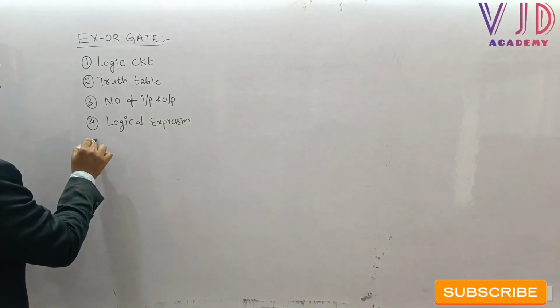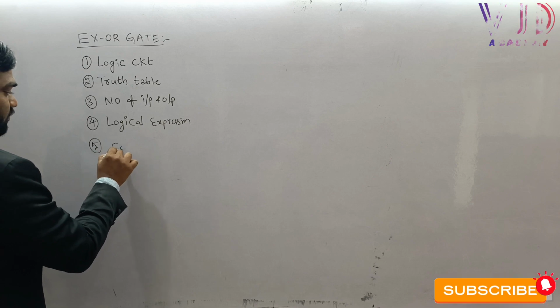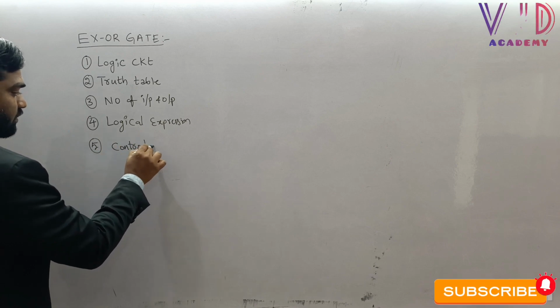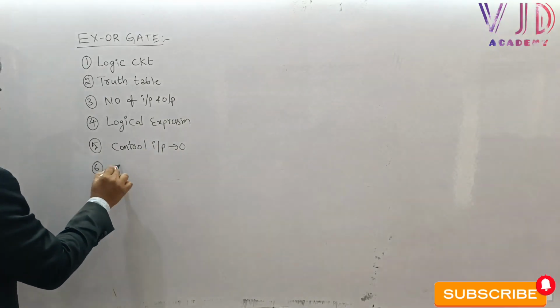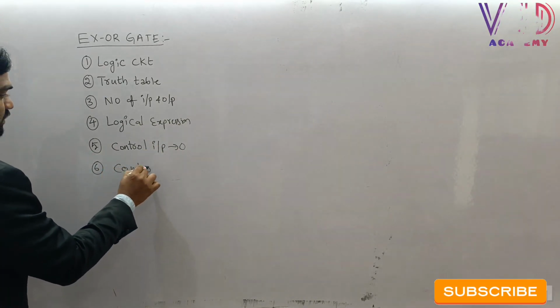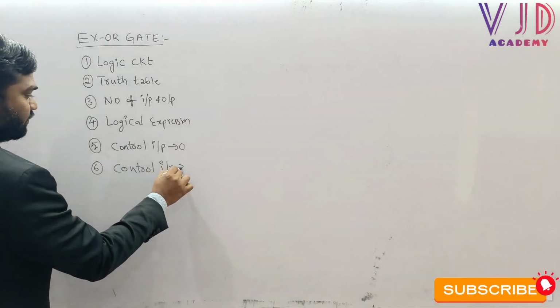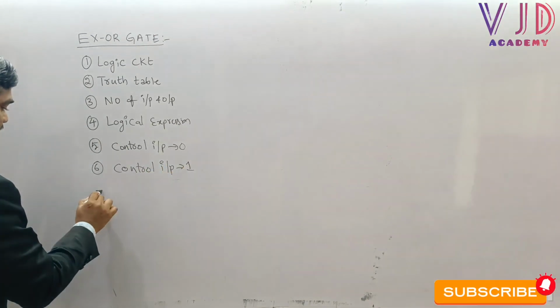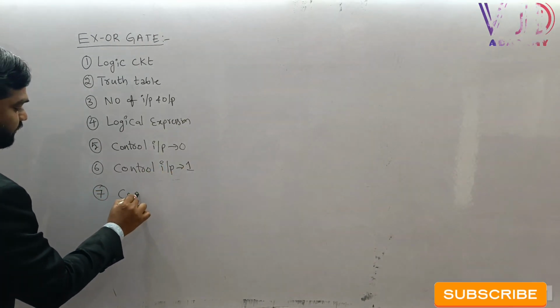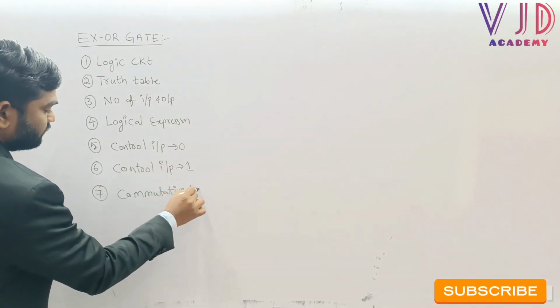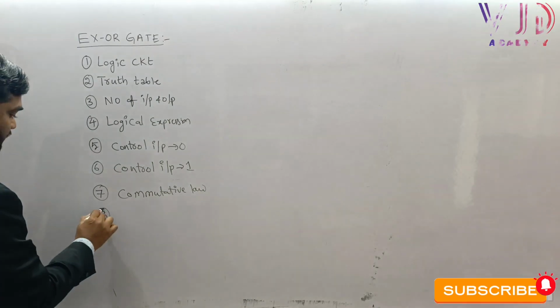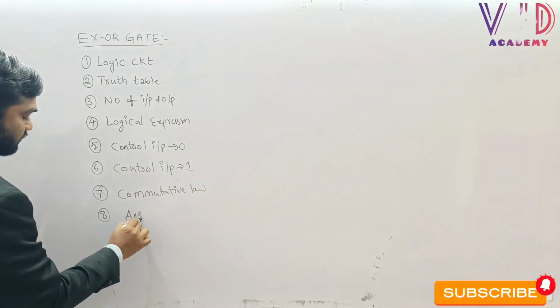And fifth one is what is the control input 0, and what is the control input 1, and what is the commutative law, and what is the associative law.